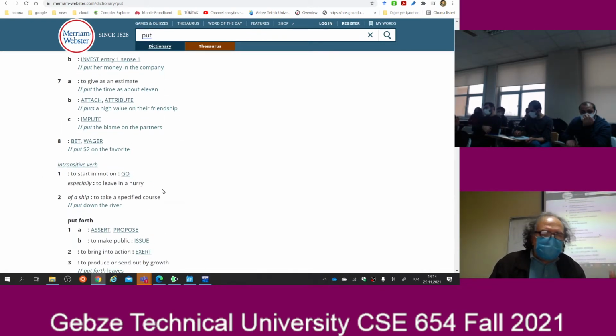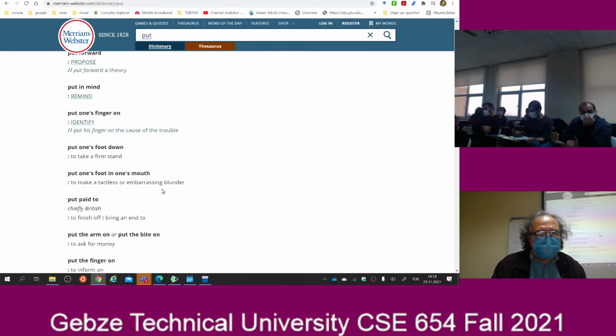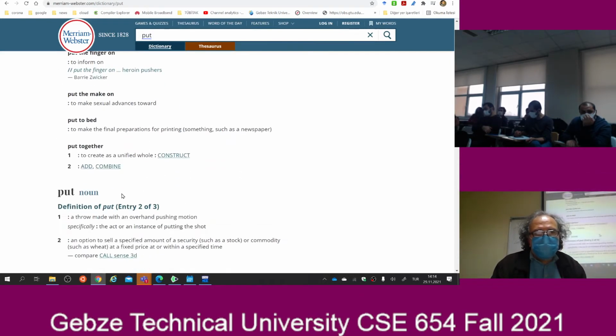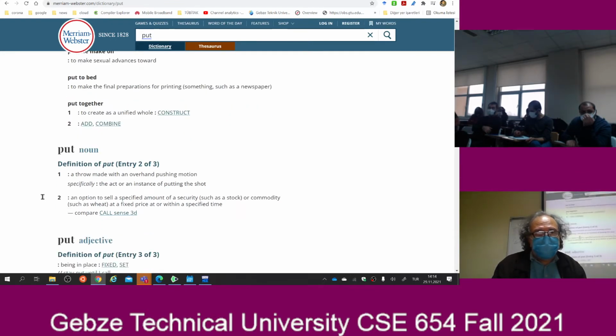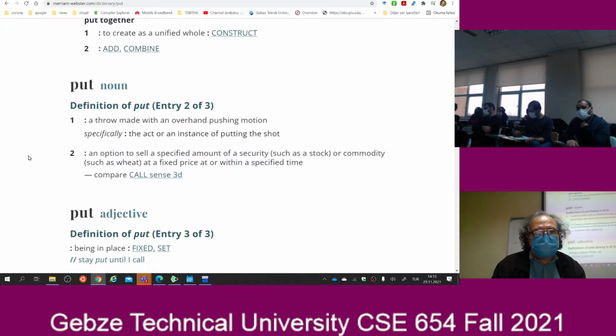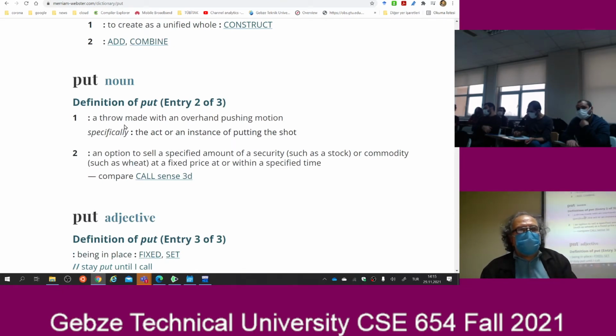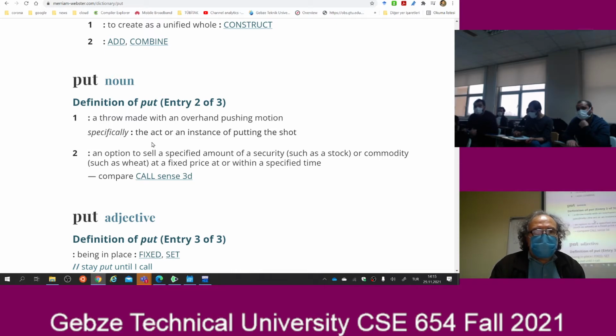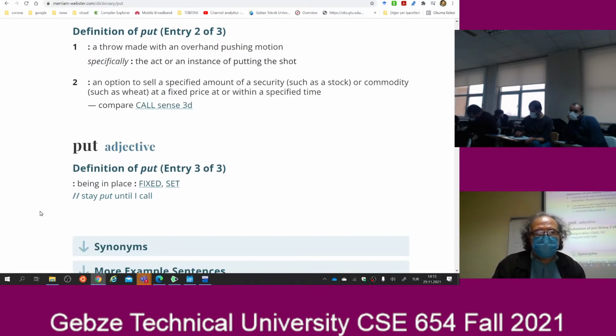And these are the verbs, but if I continue, put has a noun meaning too, depending on the context. Put: a throw made with an overhand pushing motion. The act or an instance of putting the shot. That's one sense. And put could be an adjective too: being in place.